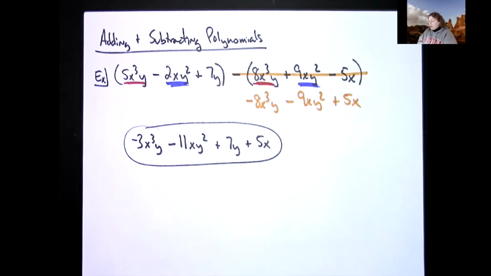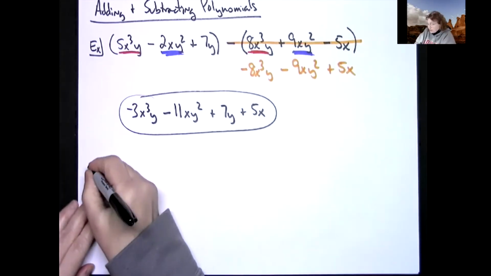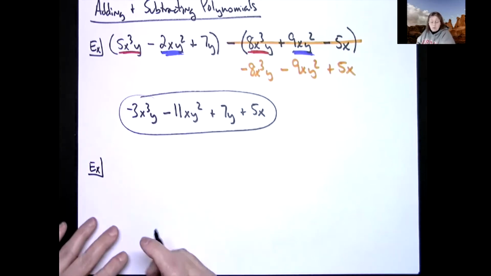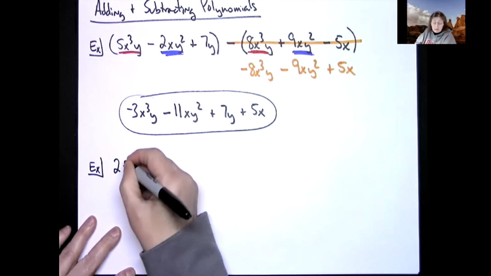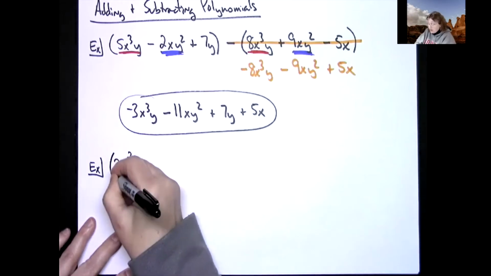Now that would have been standard Algebra 1, Algebra 2, pre-calc from high school. Since it's college algebra and you're in the Blitzer book, they're going to do some funky things with the exponents, like 2x raised to the 2n. They're going to start putting exponents that have variables in them. Not a big deal.